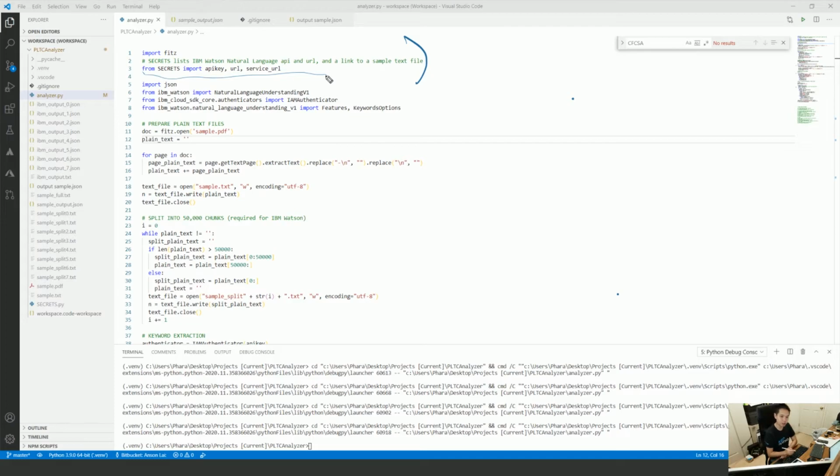The secrets. So I have a file which is not going to be on GitHub, and you guys didn't see, but basically it's a secrets file with my API key, URL, and service URL. The API key and service URL, these two, are for IBM Watson. As soon as you sign up, it's on your account. You can see it just fine.